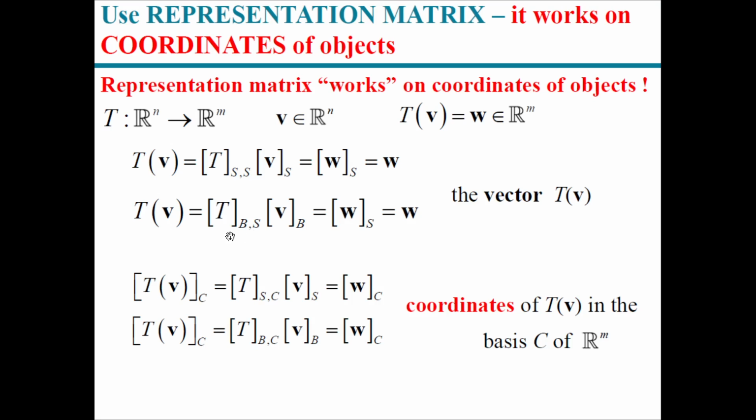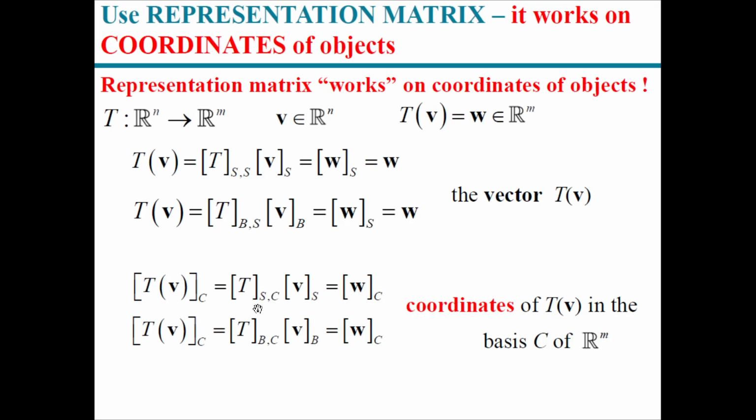So I multiply this representation matrix by coordinates of a vector in basis B of the inputs, and what I get as a result is the image, so another vector, right? These are the coordinates of the vector in standard basis, and we know that those coordinates are equal to the vector. So you see the inputs are not the same, but the output in both cases was in standard basis. So that's why we say, okay, here what we get is the vector T(v), the object itself.